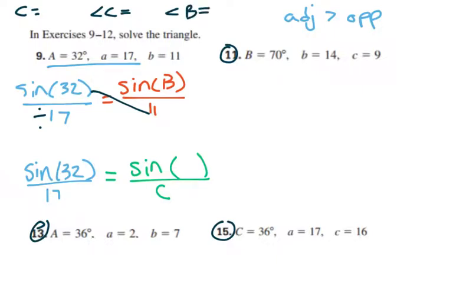So in order to find sine of B, I multiply sine of 32 times 11 divided by 17, and that gets you 0.3428. And so in order to solve, I need to take the sine inverse of both sides to get B all by itself. And so sine inverse of that decimal leaves you with a B angle of 20.05.